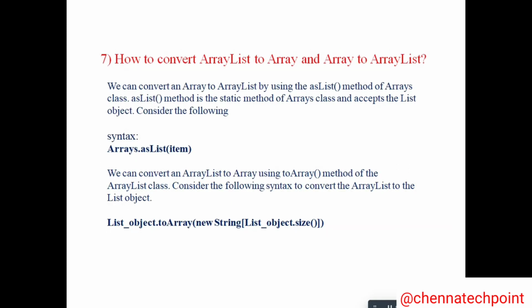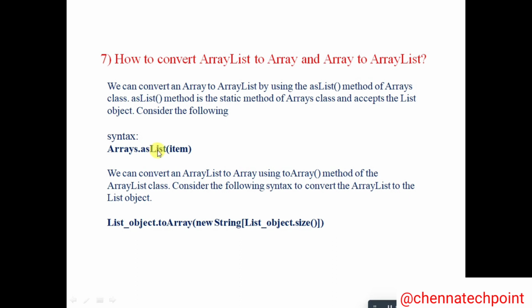Next one, how to convert ArrayList to array and array to ArrayList. We can convert any array to ArrayList by using the asList method of the Arrays class. asList is a static method of the Arrays class and returns a list object. Consider the following example. Syntax for converting array to ArrayList is Arrays.asList.